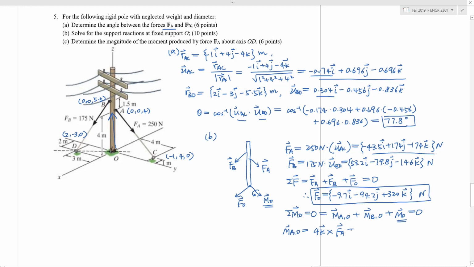Okay, so with the calculation, this equals negative 696i minus 175j in the unit of Newton meter.